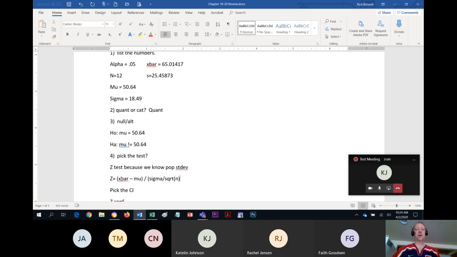My alpha for 80% would be 20%. So 20% divided by 2 means I want 10% in the left tail and 10% in the right tail. Then I have to go find 10% on my chart. That's as close to 10 as you're going to get, and so that's going to be negative 1.28. And of course, since it's symmetric, it will also be positive 1.28.